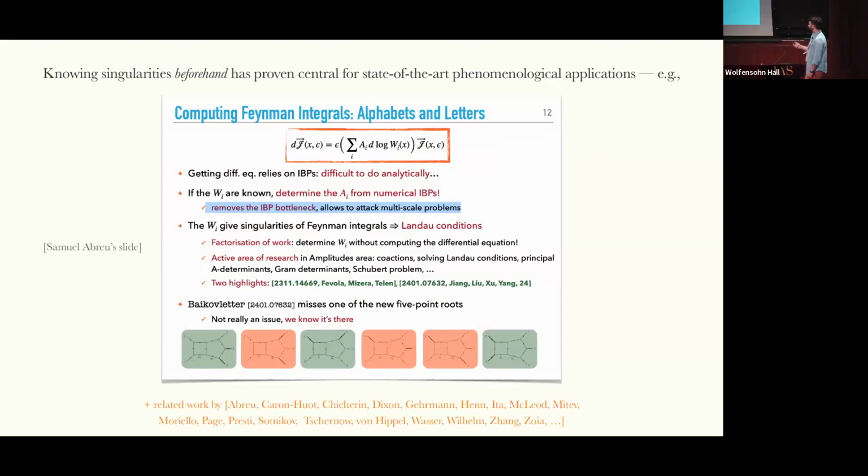I wanted to highlight one talk, the talk by Samuel, where he told us that knowing singularities beforehand has proven very central in state-of-the-art calculations. In this two-loop 5-point with 2 masses example, knowing the singularities helps a lot in dealing with the bottleneck of IBPs.